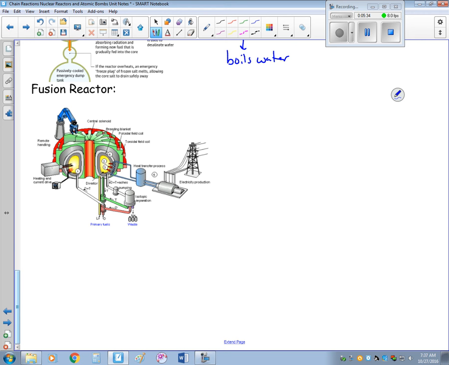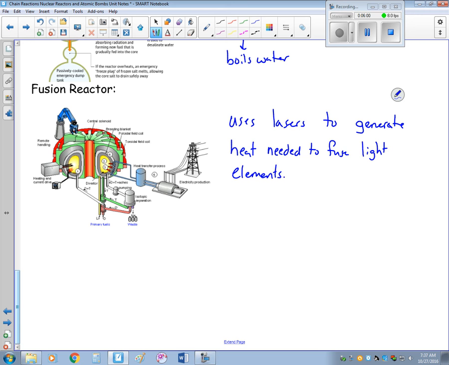What this does is it uses lasers to generate the heat to fuse lighter elements such as deuterium and tritium.